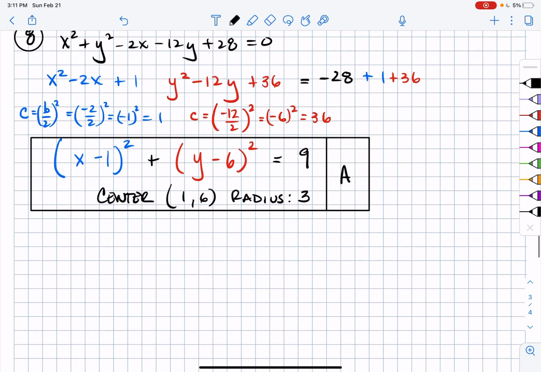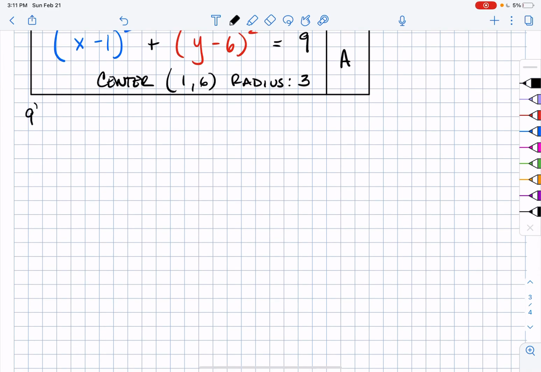There we go. All right, number 9. Number 9. Third page. All right, so it wants to know which graph is right for f of x is equal to x plus 4 squared minus 1.